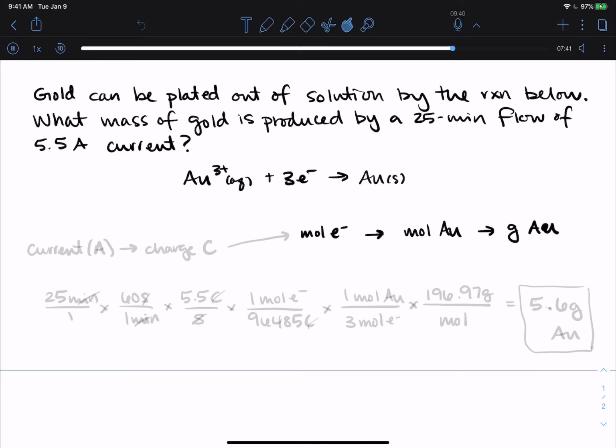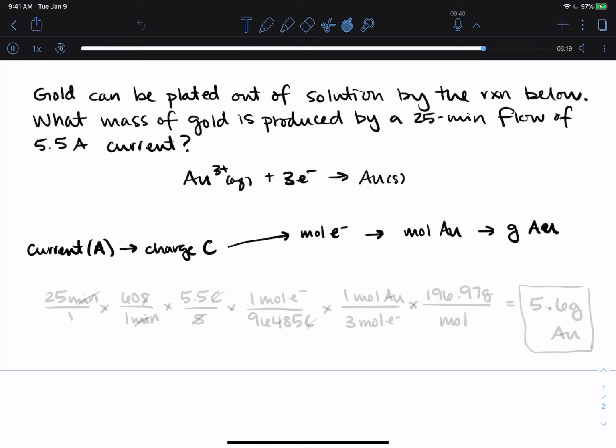So I should be able to go from current in amps to charge in coulombs, with the current and then changing my 25 minutes into seconds. And Faraday's constant will let me go from charge in coulombs to the number of moles of electrons.